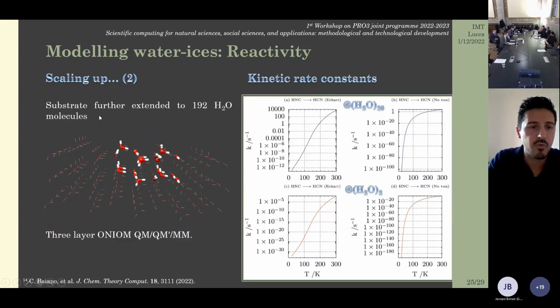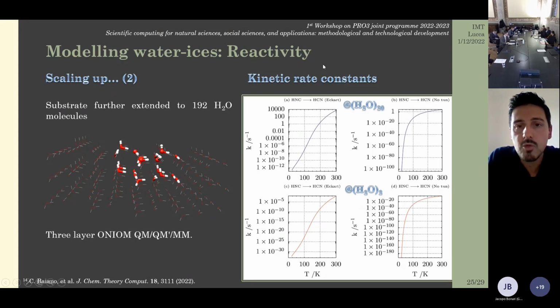We also scaled up further the size of the system by moving to a substrate composed by almost 200 water molecules, but in this case the results obtained were essentially unchanged with respect to those obtained on the 20 water molecules cluster.